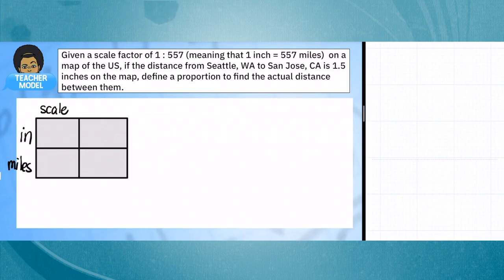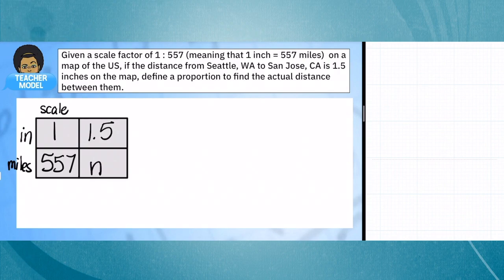Okay, so I've already given myself a little bit more room because, again, my numbers aren't friendly, so I want to use the calculator, and to give us more space on the page, I've opened and widened it up a little bit. I'm going to start with our scale of 1 inch is 557 miles, and we have 1 and 5/10 inches on the map. So this is a situation and we're trying to figure out how many actual miles that is.